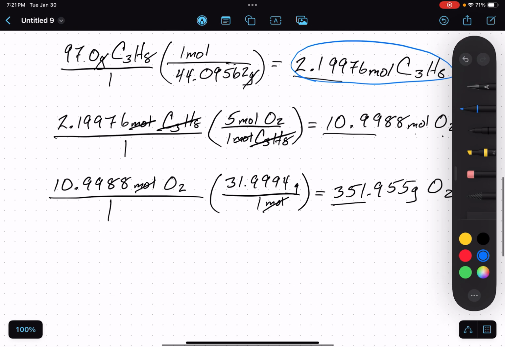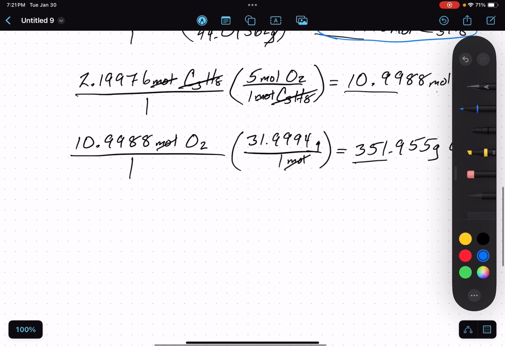So I'm going to take the 2.19976 moles of propane, identify what it is, and put that all over 1.